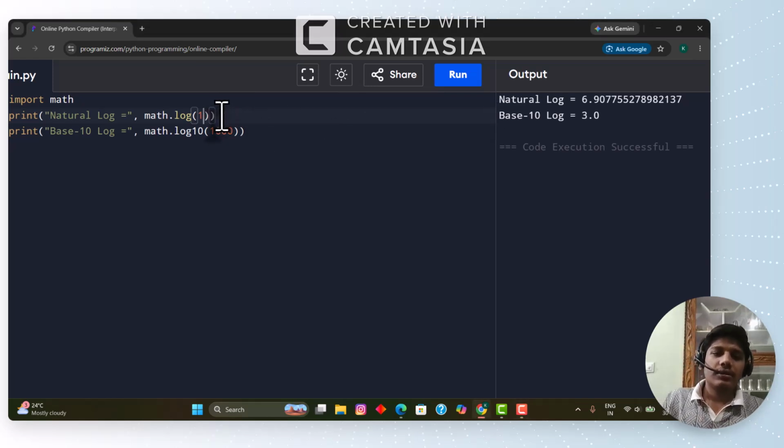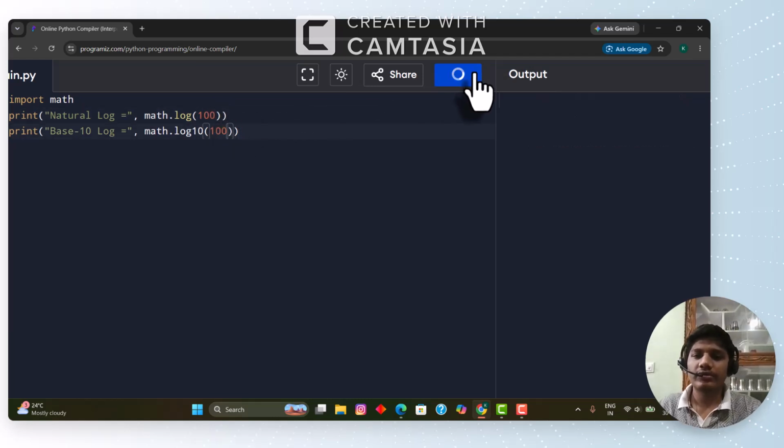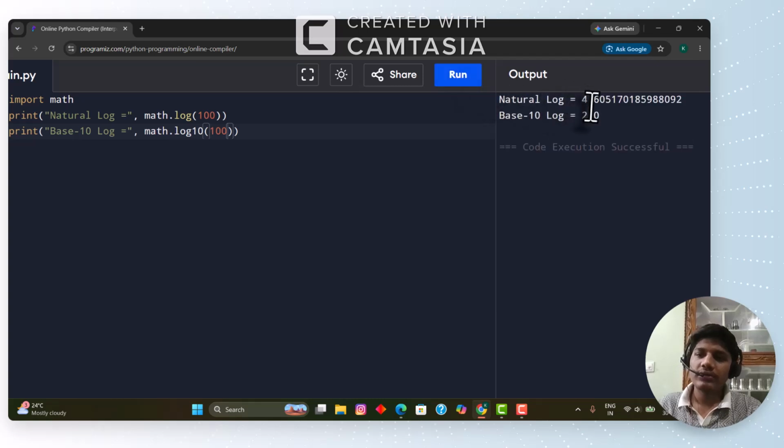So like that log works. If you give 100, it will give 2 because 10 to the power of 2 was 100. This is 4.605, the natural log. This is base 10 log. I already previously explained how a log works.